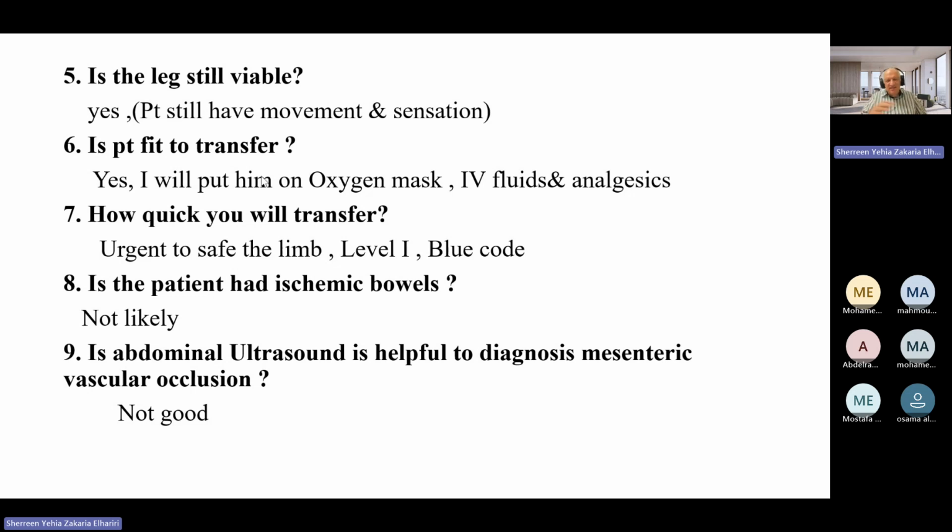Usually it is in the same hospital, so sometimes, but not in this case, we prepare the theater for you. So during transport he needs oxygen, intravenous fluid, and analgesia. Most of the students forget analgesia.